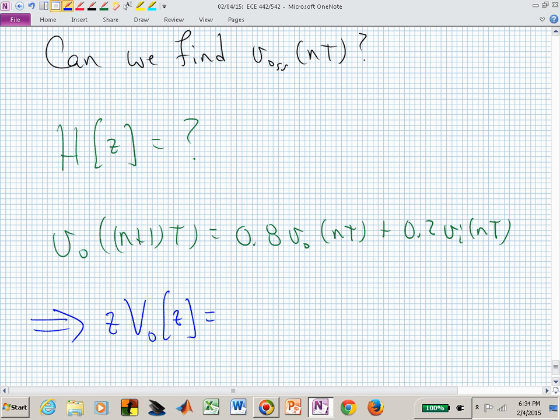And now little v naught just becomes big capital V naught scaled by 0.8.